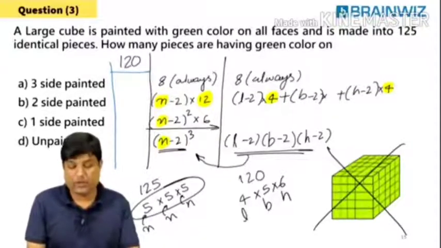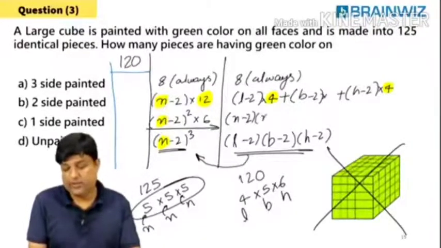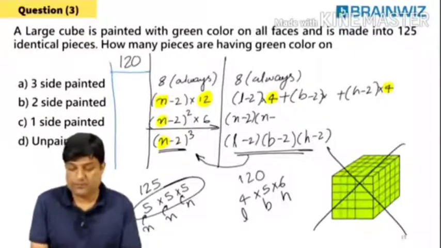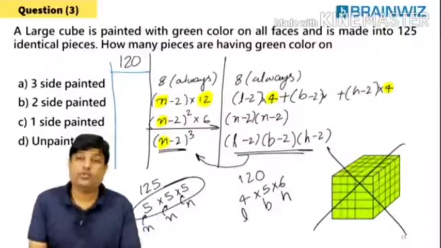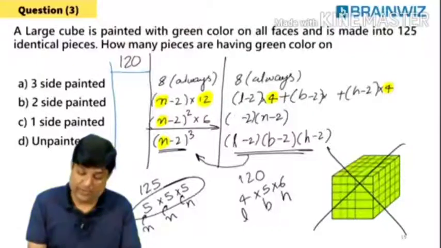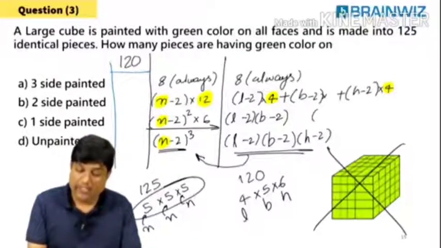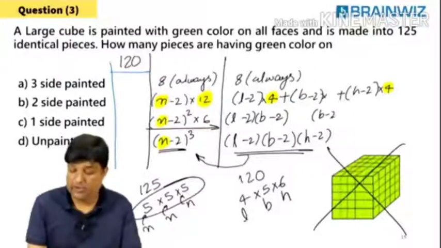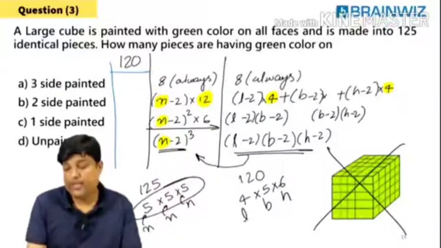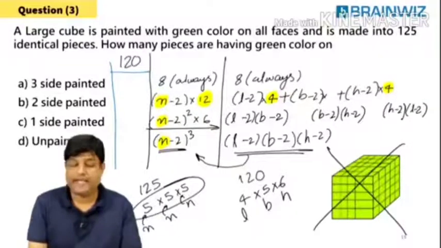n minus 2 whole square means n minus 2, n minus 2, two times. But I'm not taking n, students, seriously. I'm taking LB, then BH, then HL. Are you understanding, everybody?